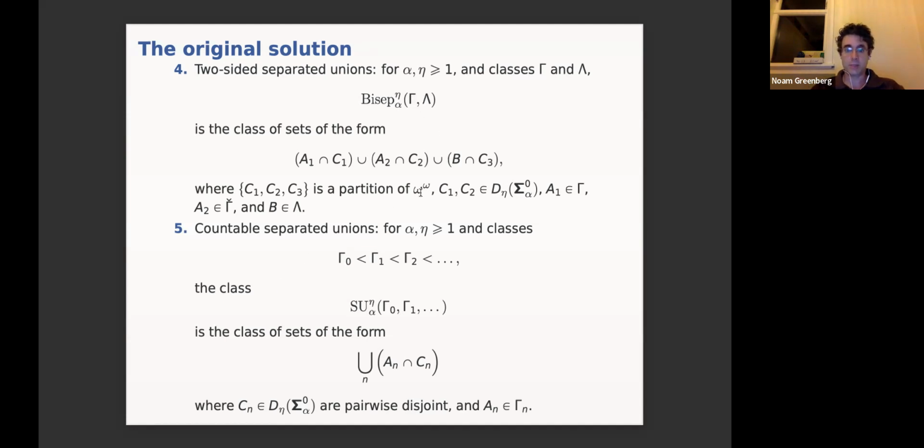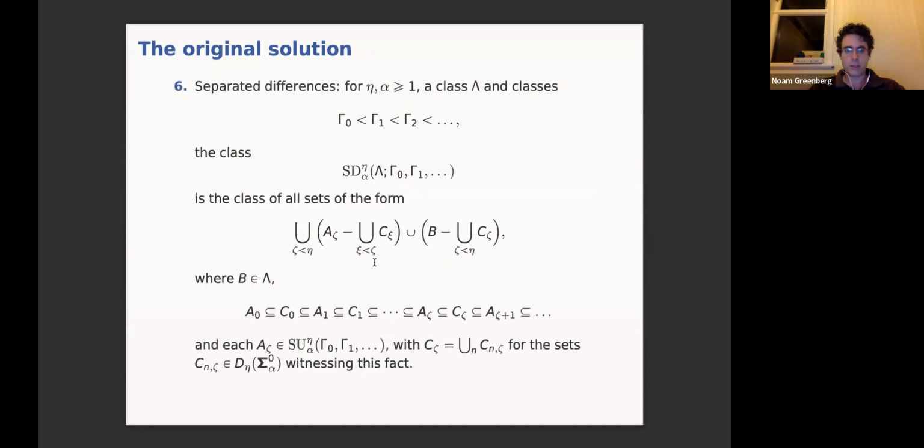So it allows me to mix more classes, and then I can mix infinitely many classes by taking what are known as separated unions, where I have infinitely many disjoint D eta sigma alpha sets, and on each one I intersect with a set in a class gamma n.